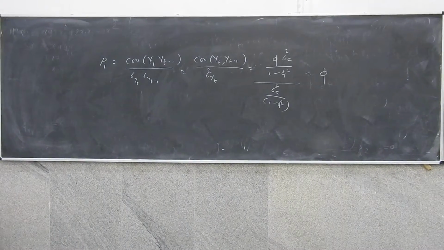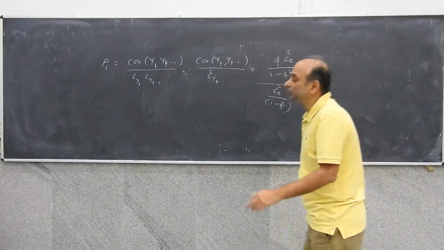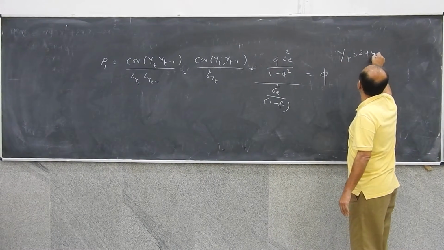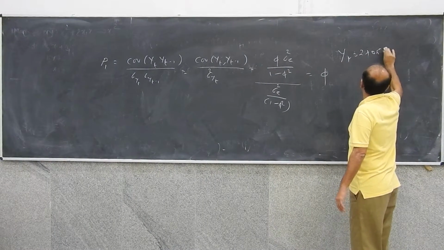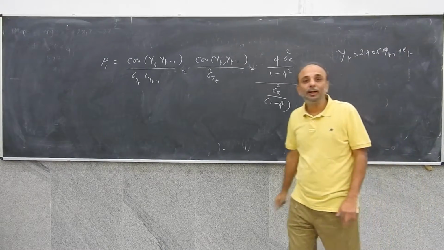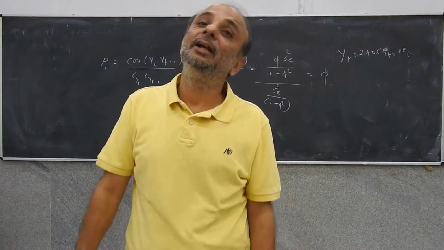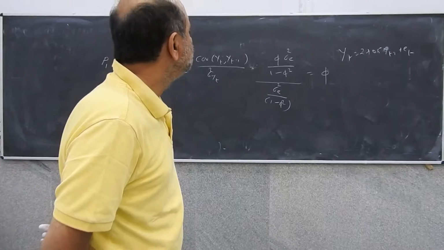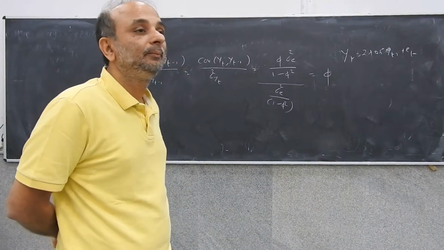So if I tell you that my process is yt equals 0.5 yt minus 1 plus et, and et is a standard normal process, what do you think will be the covariance between yt and yt minus 1?